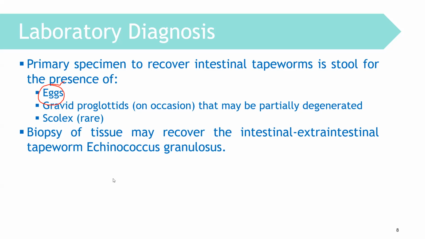Meron siyang hooklets, and so on and so forth. Those are the things that are unique to our cestodes, and that will help us to identify the presence of the parasite. The proglottids can also be seen in a clinical sample.